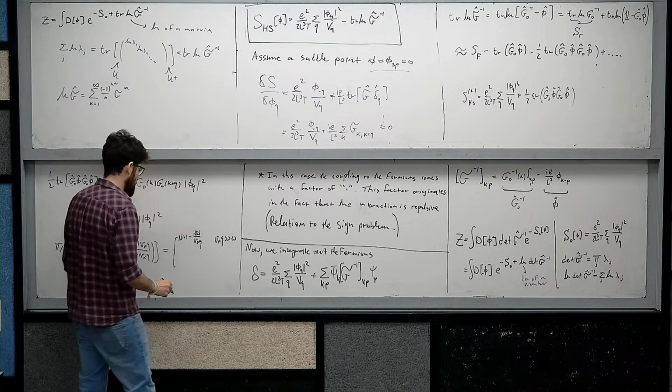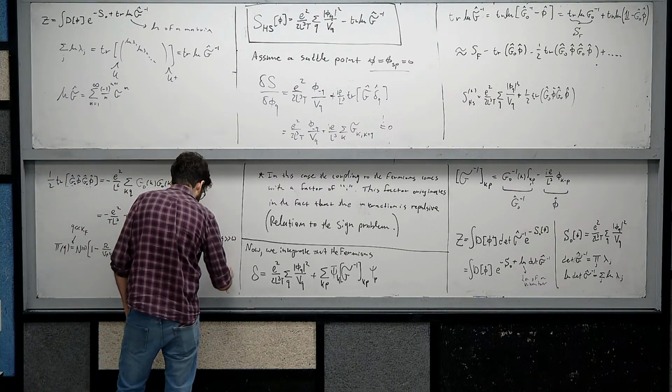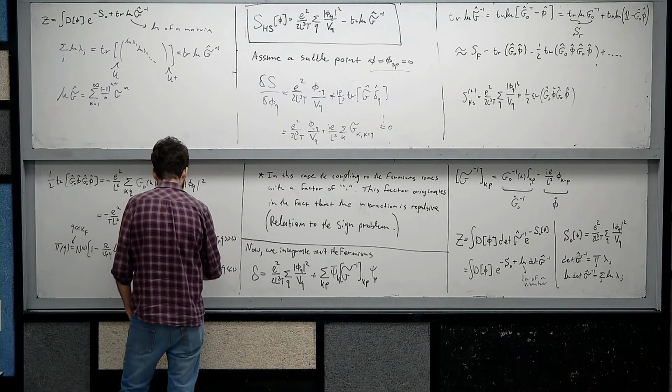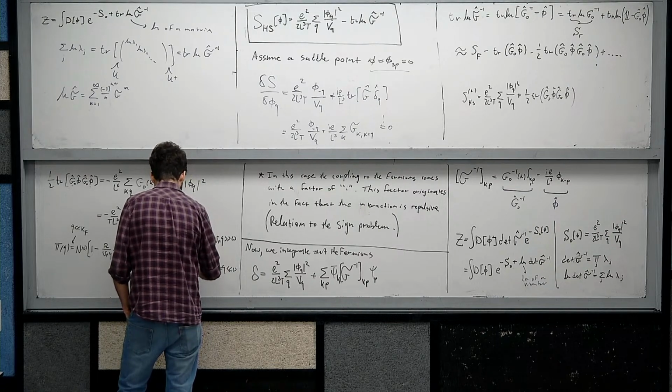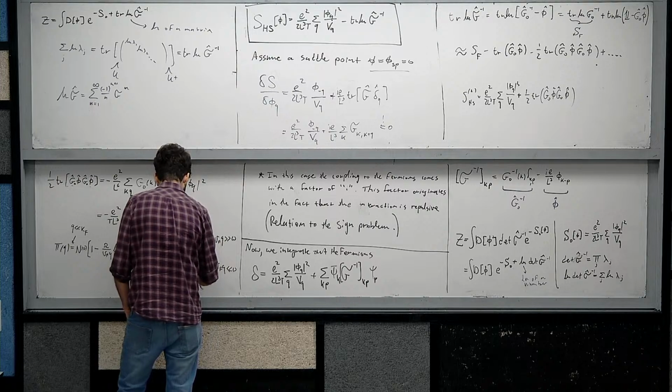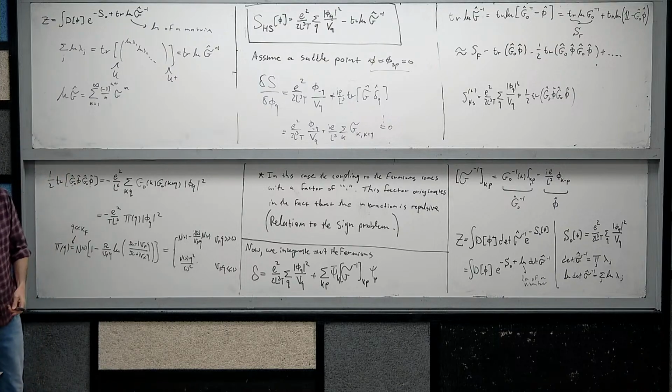This is the Landau damping thing. And when v_F q is much smaller than omega, this goes like n of 0 q squared divided by omega squared.